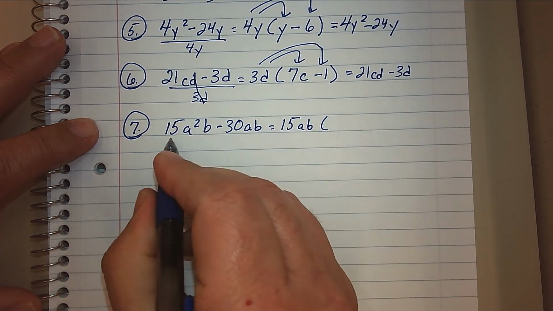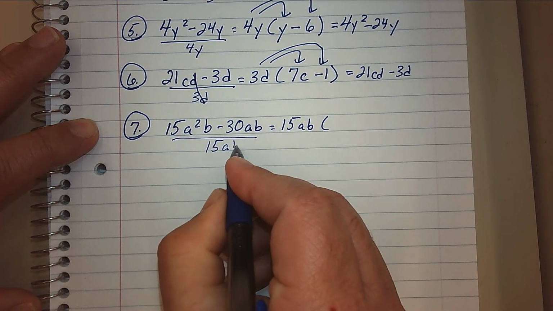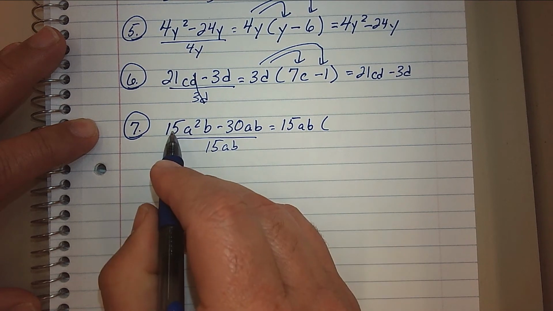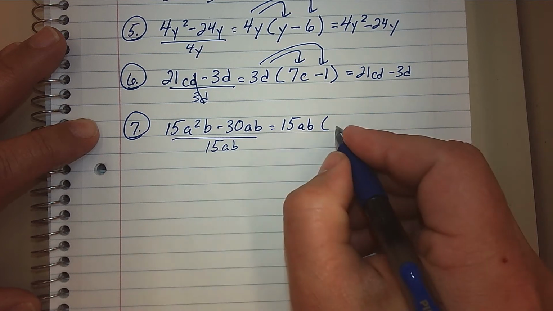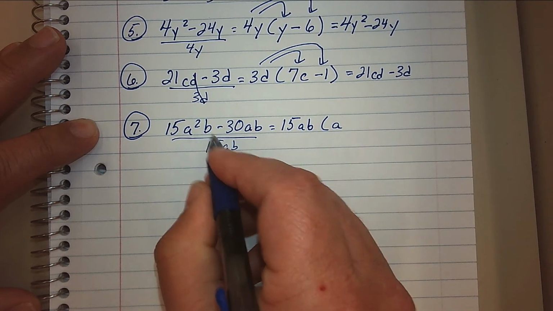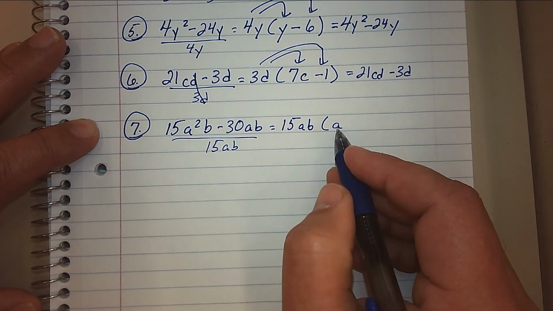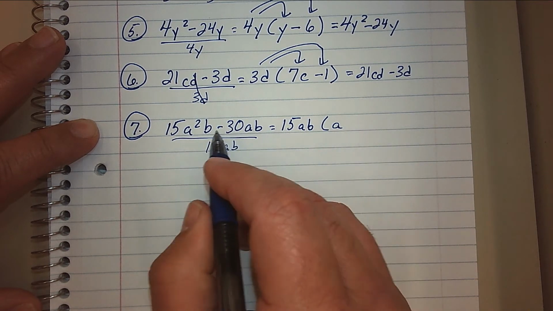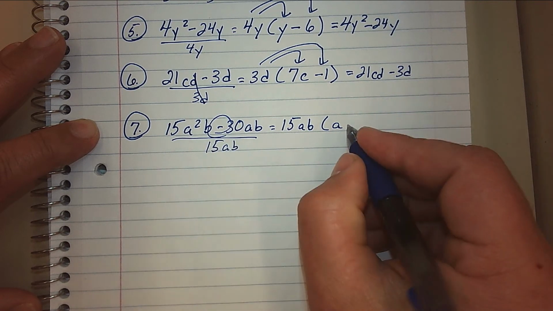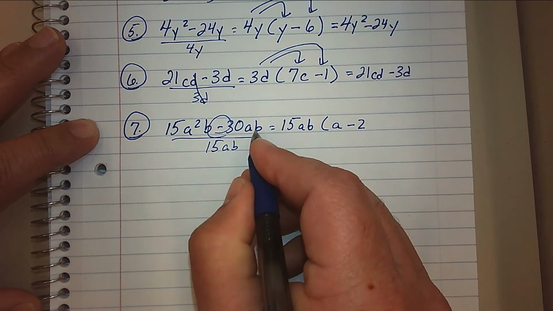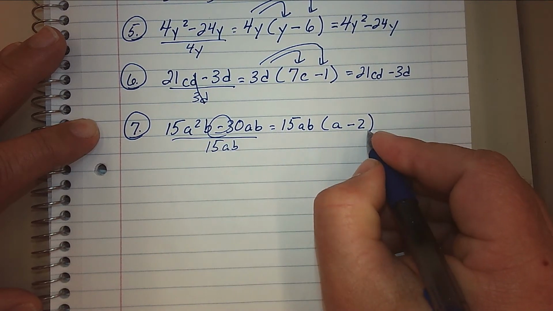So I'm basically dividing this by 15ab. Well, that means that 15 divided by 15 is 1. A squared divided by a just leaves a, and b over b is gone. So the first term is just a. So now I've got negative 30. Don't forget that middle sign, negative 30 divided by 15 gives me negative 2. And ab divided by ab is 1. So it's just like that.